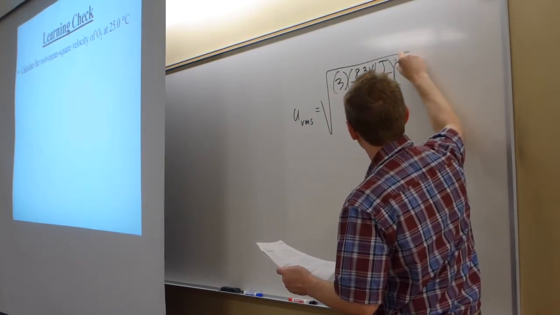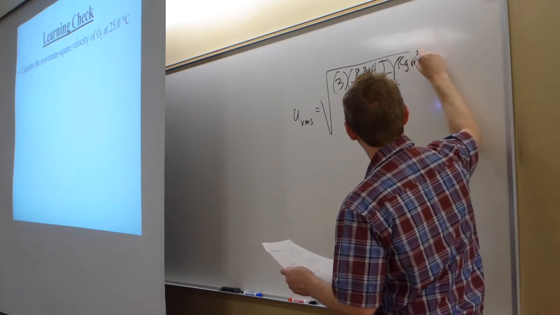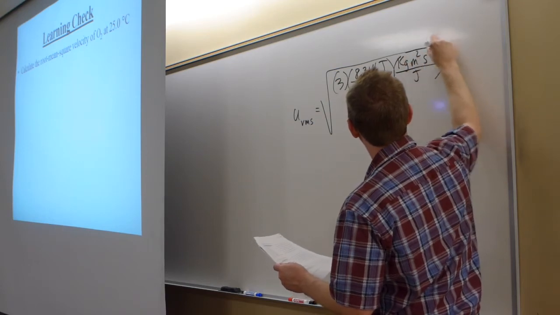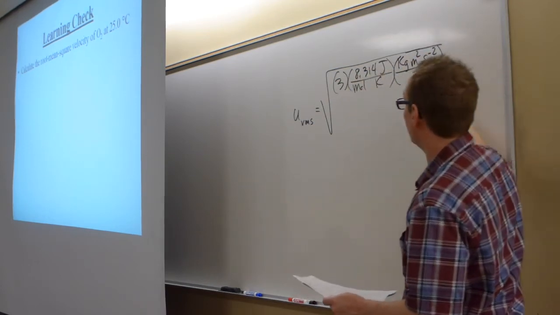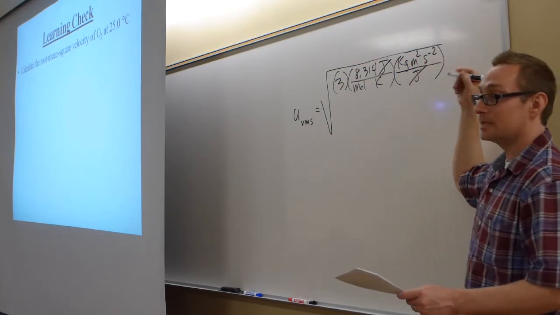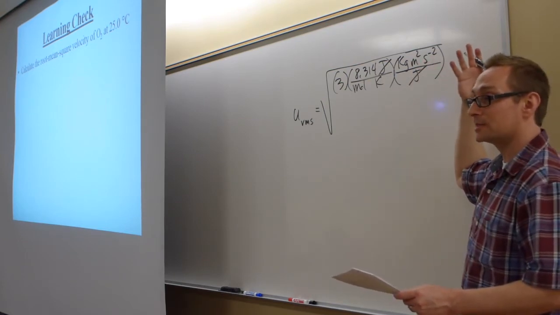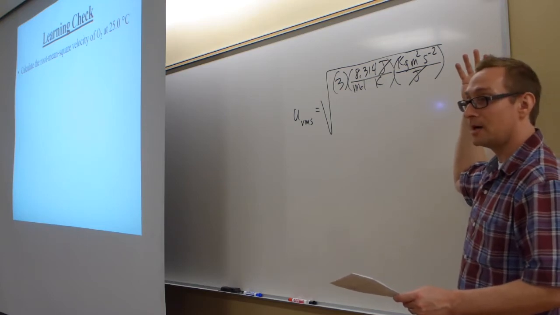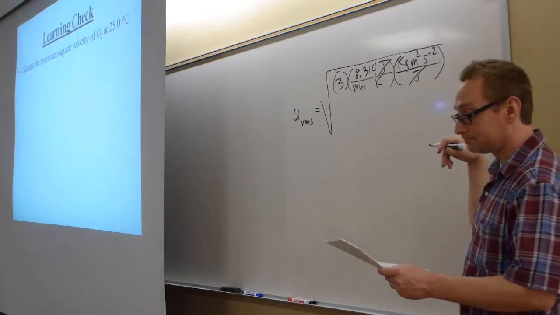You have 1 kilogram meter squared per second squared over 1 joule. That's how we can get from units of joules to an actual velocity when we take the square root of meters squared per second squared. We get a unit of meters per second, which is for velocity, which is what we need.